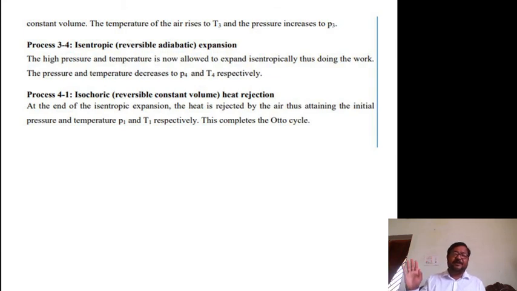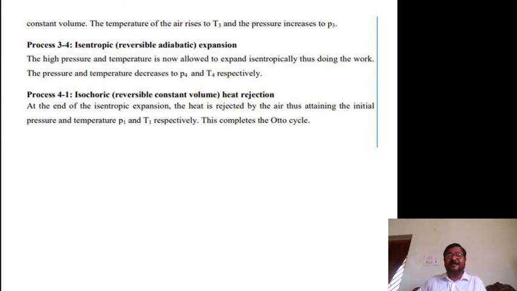You shift that power to the left hand side, and it becomes T1 by T2 raised to the power of gamma divided by gamma minus 1. On the right hand side it is gamma minus 1 by gamma; if you bring that to the left hand side, it becomes gamma by gamma minus 1. So T1 by T2 raised to the power of gamma by gamma minus 1 is equal to P1 by P2. From that you can calculate either P1 or P2. Like that you can change the powers in the pressure and volume also.